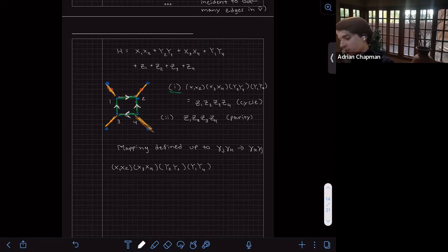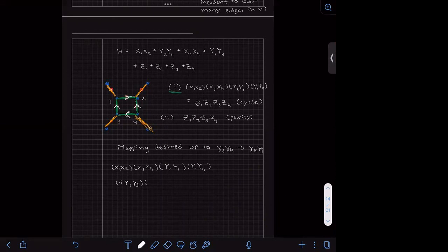And so under my Free-Fermion mapping, 1, 2 is mapped to i gamma 1, gamma 2. Oh, sorry, I think in the original picture, this was gamma 1, gamma 3, so let's say that. And this is going down actually, so this has a minus sign. So gamma 1, gamma 3. This times x3, x4, which is 2, 4, I guess. 2, 4, right?